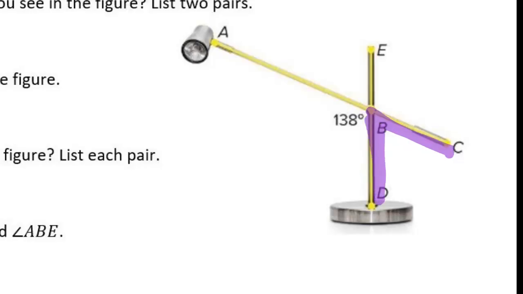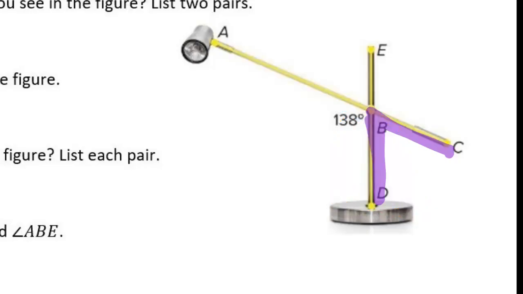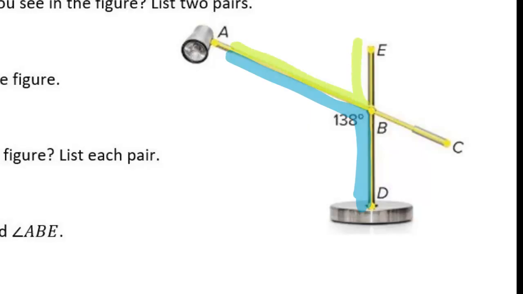Angle CBD and angle CBA. They share this side right here, so they would also be adjacent angles, so that's three pairs. And then the last one here, we have angle ABD and angle AEB.